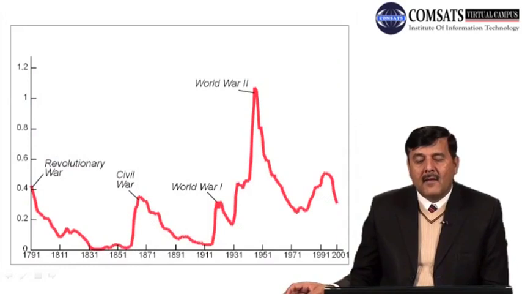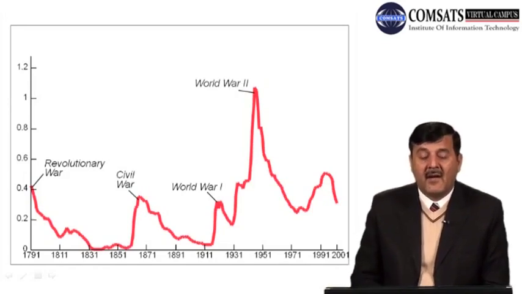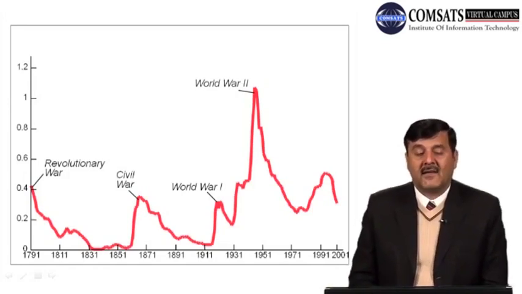Now you can see these figures in this table. It also tells us the status of debt in different time periods in the US economy. There was the revolutionary war, when debt was high and afterwards it decreased. Then in the case of the civil war in 1871 it again goes up to 0.4.